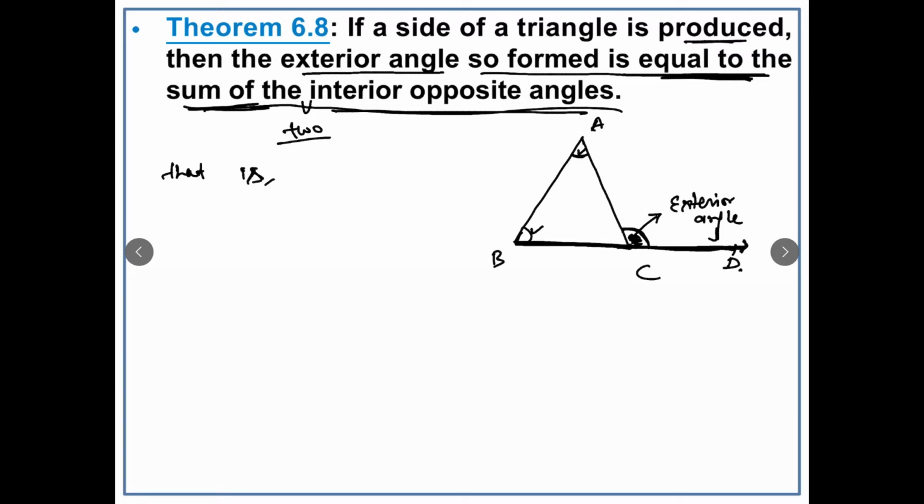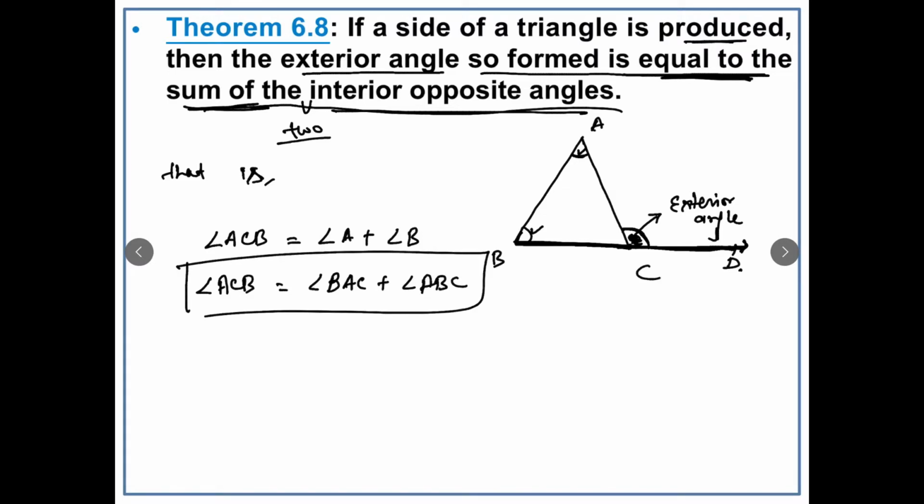So we'll write that the angle ACB, which is the exterior angle, will be equal to angle A plus angle B. This is exterior angle ACB. Angle A can be written as angle BAC, and angle B can be written as angle ABC.